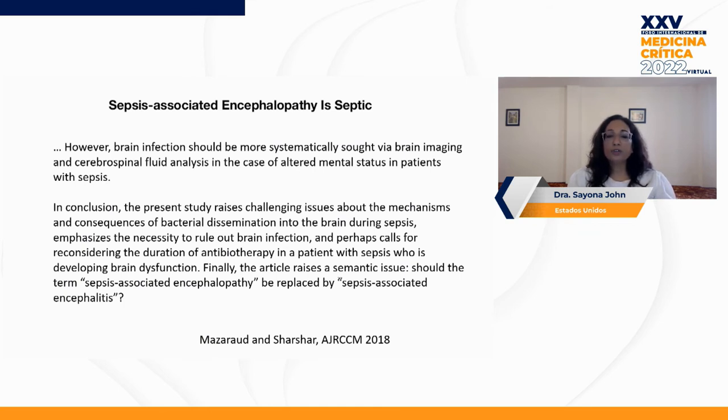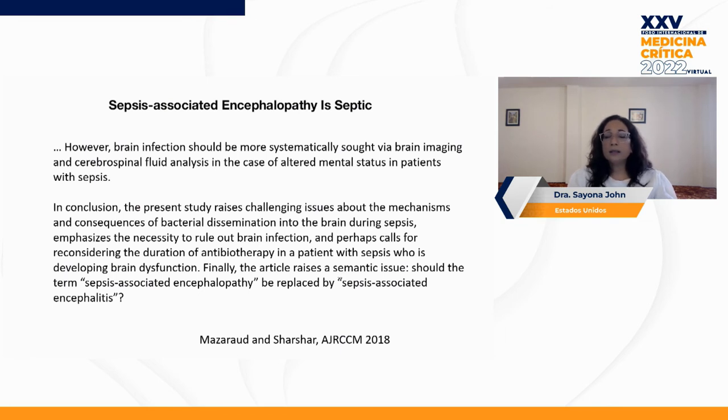So in patients who have encephalopathy as a result of sepsis, do you need to rule out brain infection? And if they end up having a CSF that is consistent with an infection, then do you need to reconsider the duration of antibiotic therapy in those who have developed a brain dysfunction?